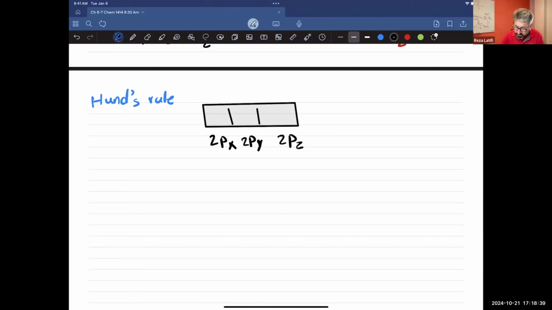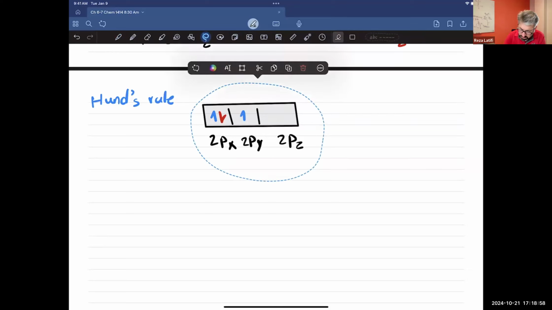Let's say you have three electrons. I go one, and then the second I will flip it here. Now I put two electrons inside the first orbital. Okay, that's one possibility. The second possibility will be this.